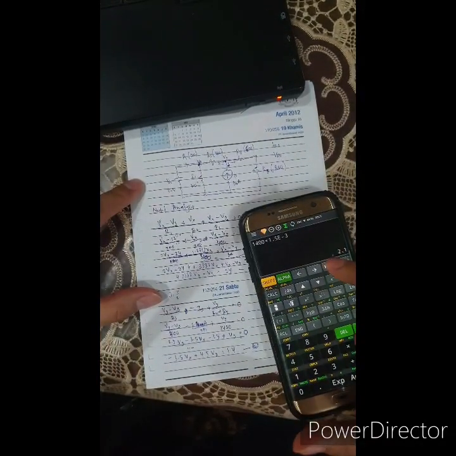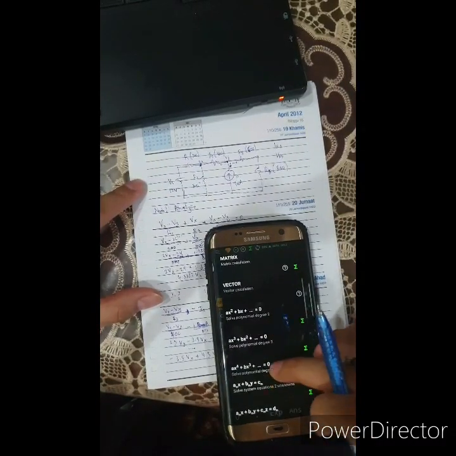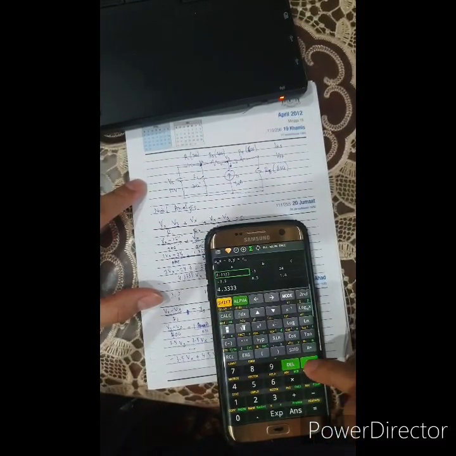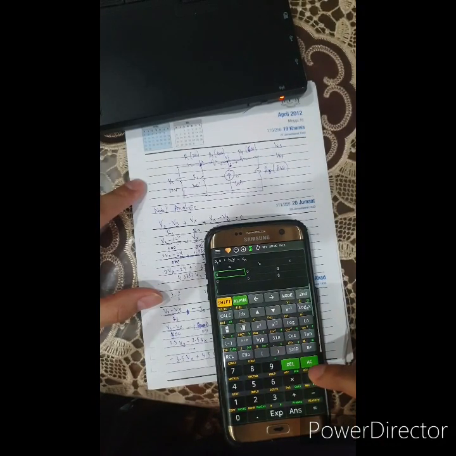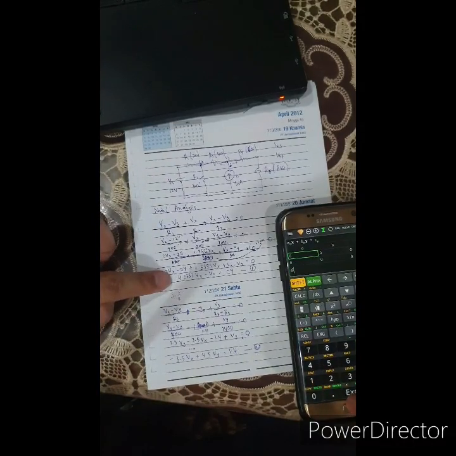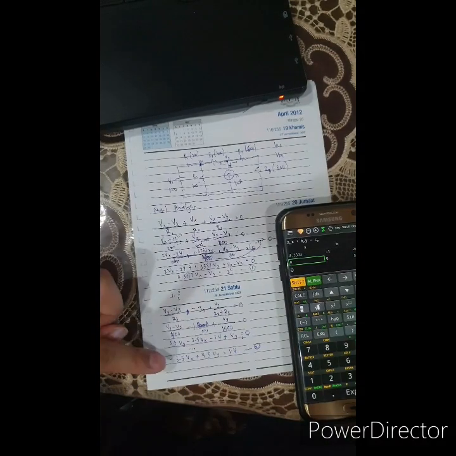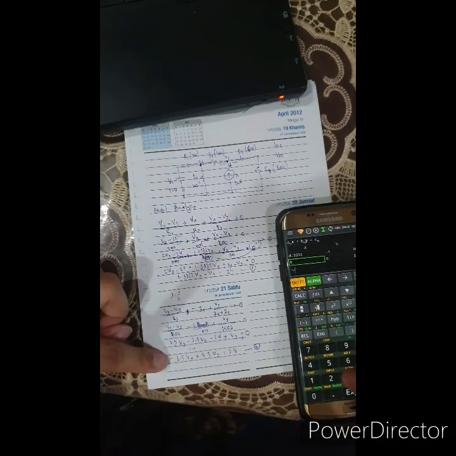So kita gunakan calculator kita. So kita masukkan nilai apa tadi, ini 4.3333, minus 1.24, and then this one negative 3.5, 4.5 and 1.4.